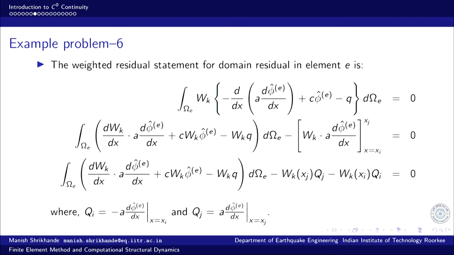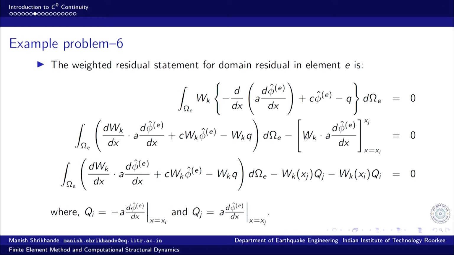So, as I said, developing the weak form within the subdomain, the domain residual, we can find that the highest order term here is the first order derivative, and the boundary term has the weighting function without any derivative.